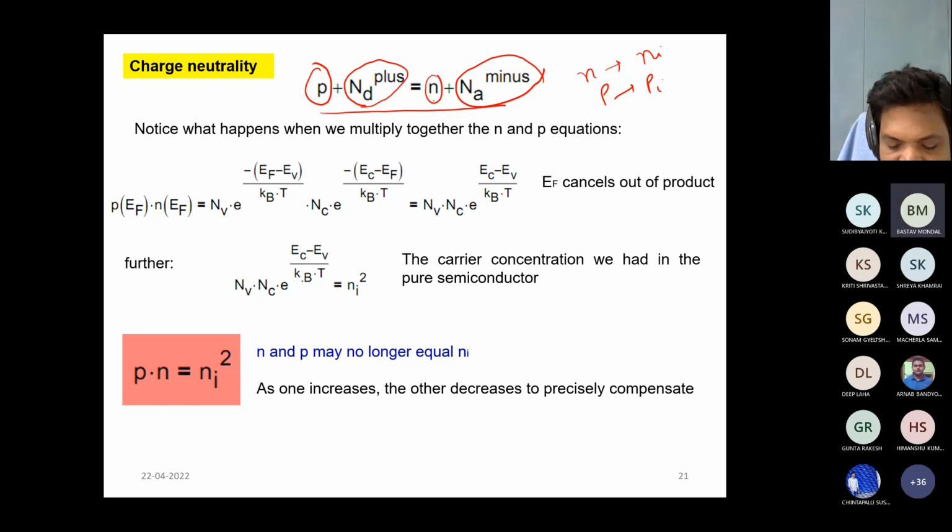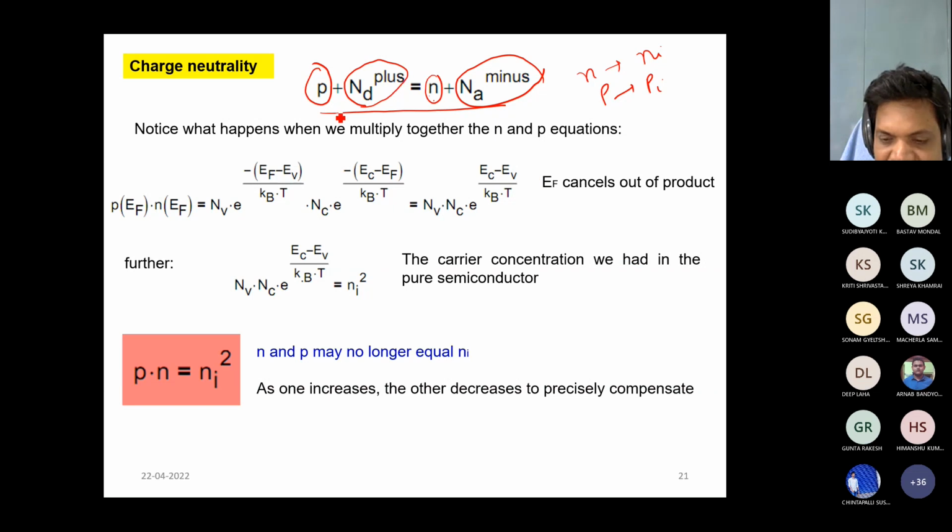Okay. In the charge neutrality formula, n and p represent the electron concentration and hole concentration, for a semiconductor in the presence of doping, where both donor and acceptor atoms are present.